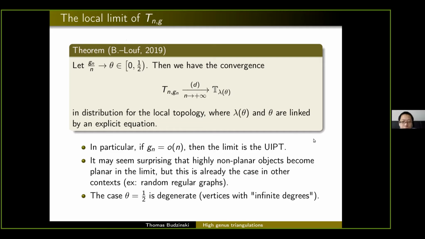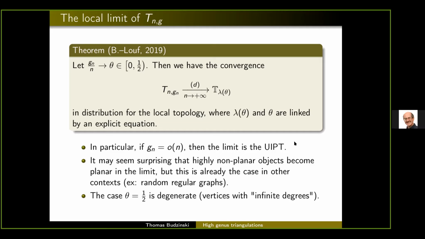And this is a pretty strong result because log n is also the conjectured order of magnitude of the diameter. So around the typical vertex, the injectivity radius is of the same order of magnitude as the diameter. It's not proved that the diameter is log n, but that's what's expected.